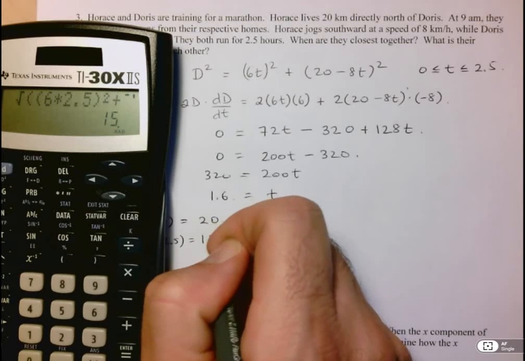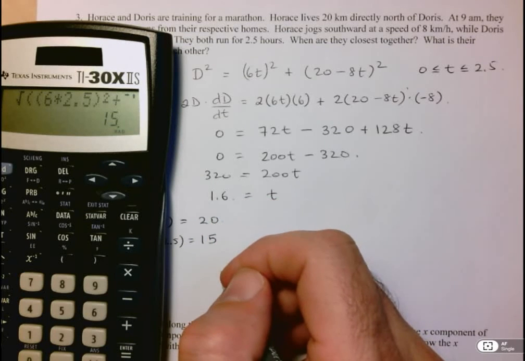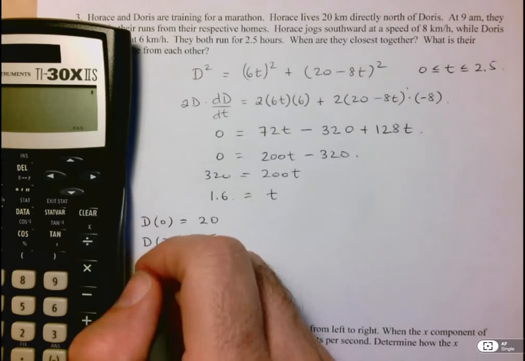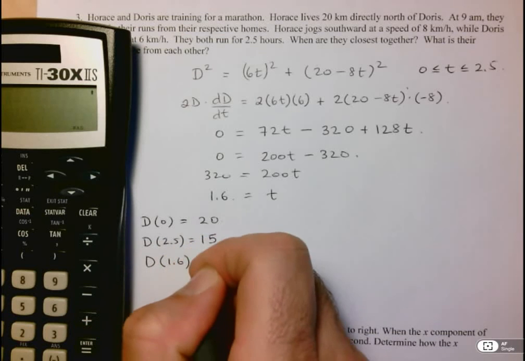So at the end, they are closer together. Not too surprising since Horace does seem to be running a little faster, but let's see if the distance at our critical point of 1.6 is even smaller.